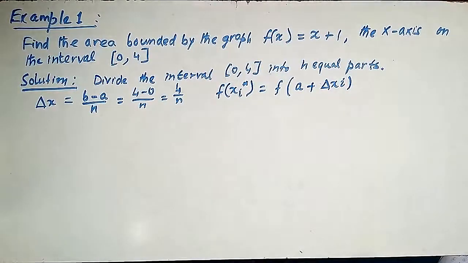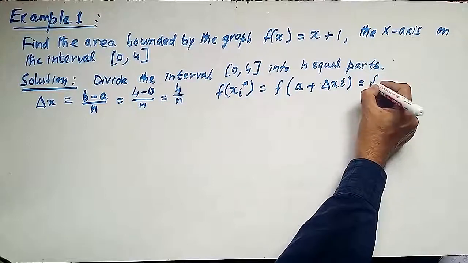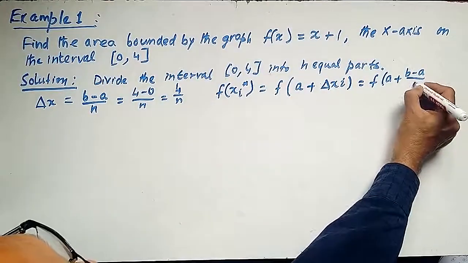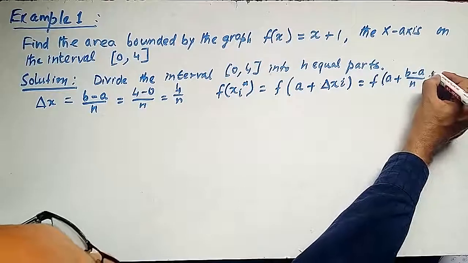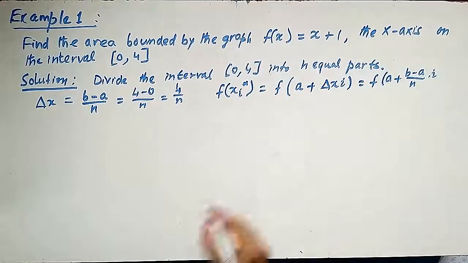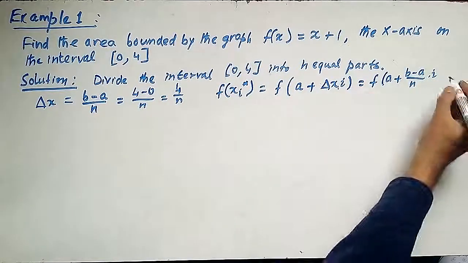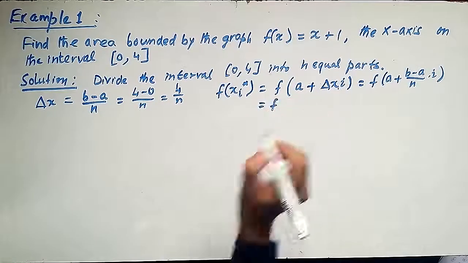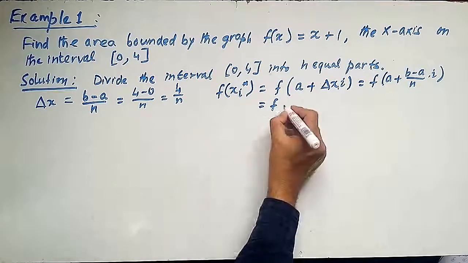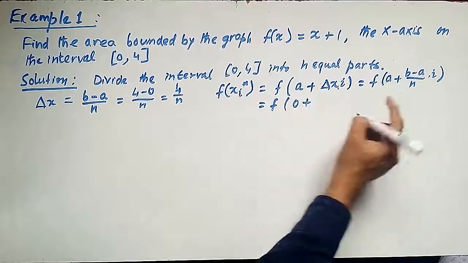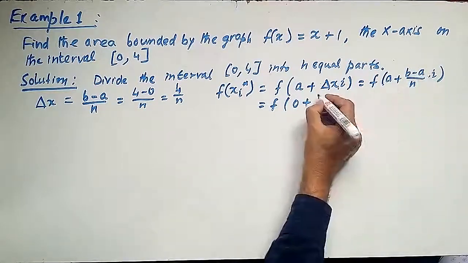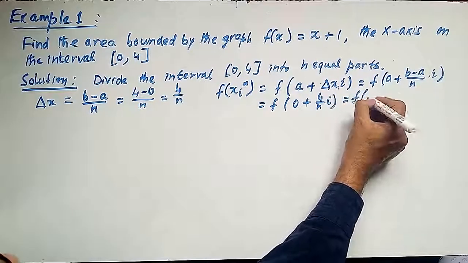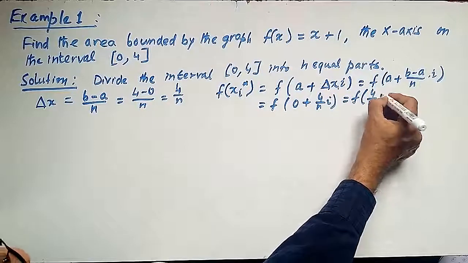This is denoted by x_i equal to a plus (b minus a) by n into i. So what is the value of a? The value of a is 0, plus (4 minus 0) by n, that is 4 by n times i. So we have to find out the value of the function at 4i by n.